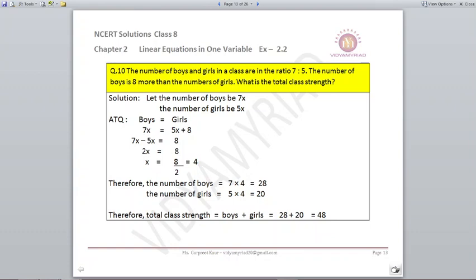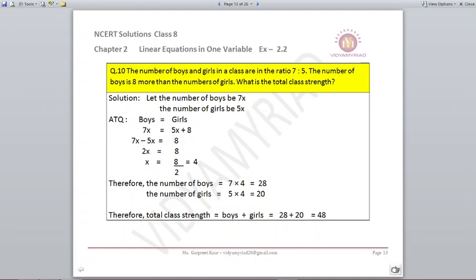So what have I done here? Boys are 7x is equal to girls are 5x plus 8, in order to balance them, because they are saying boys are 8 more. You must be wondering why I am putting 8 with the girls. Because I have to put an equal to sign. 28 will not be equal to 20. For 20, I need to add 8 more with the girls.